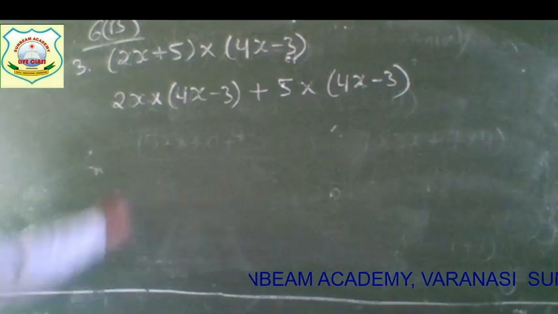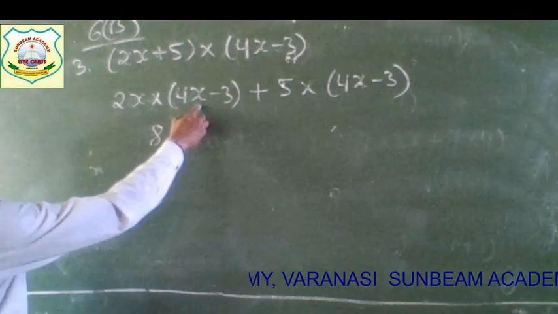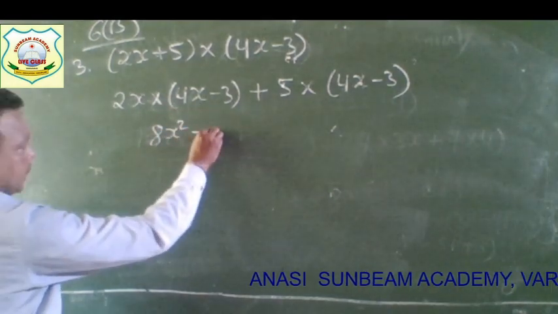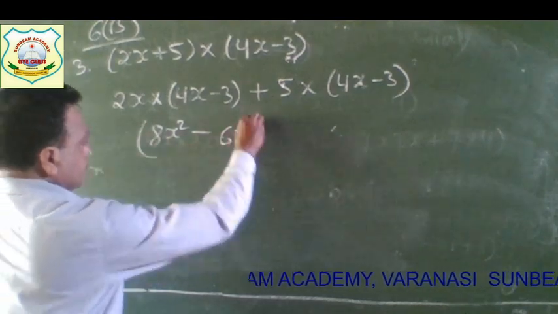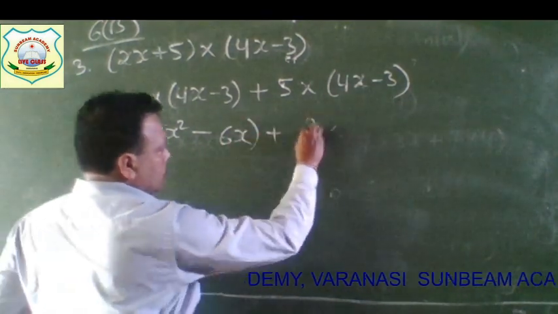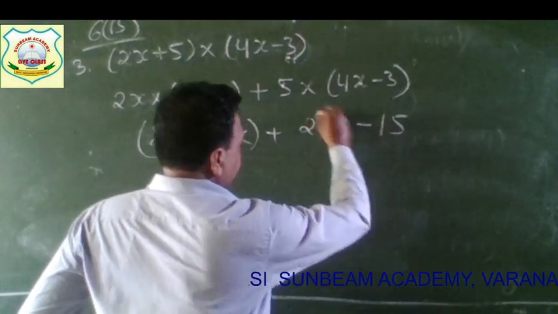Clear students? 2x into 4x: 2 into 4 is 8, x into x is x square; minus 2 into 3 is 6x; plus 5 into 4 is 20x; minus 5 3s are 15.